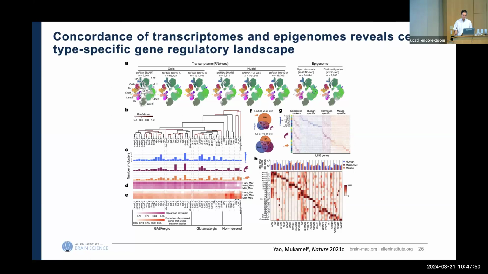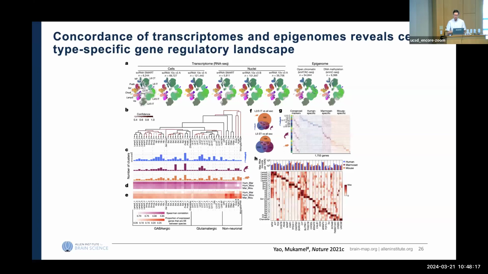Groups at the Salk are, in fact, Joe Ecker, and other people, Bing Ren, are very involved in the development of these tools and technologies for methylation and applications of ATAC-seq. But it's still considerably less than the people that produce transcriptomic data. But both are very helpful.